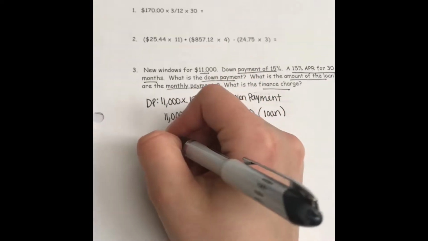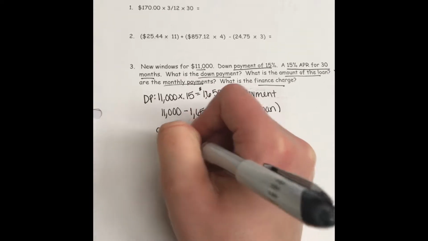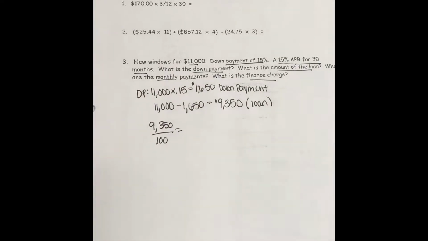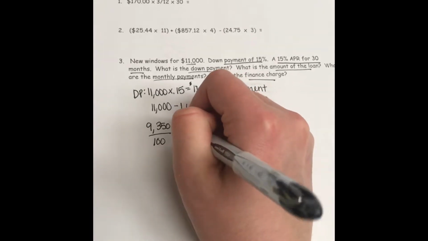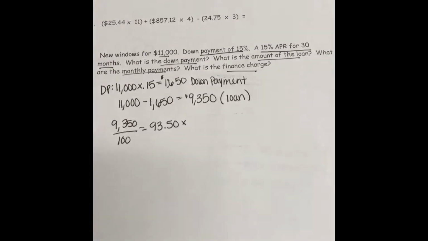So to get my monthly payment, I'm going to take my $9,350 divided by 100, which is $93.50. Multiply that by my table value, 15% for 30 months.